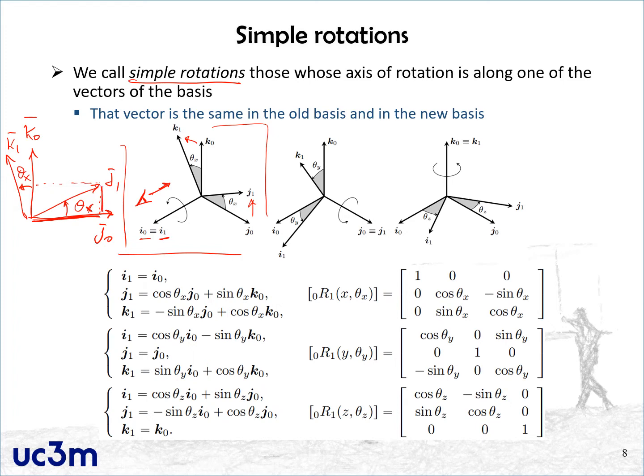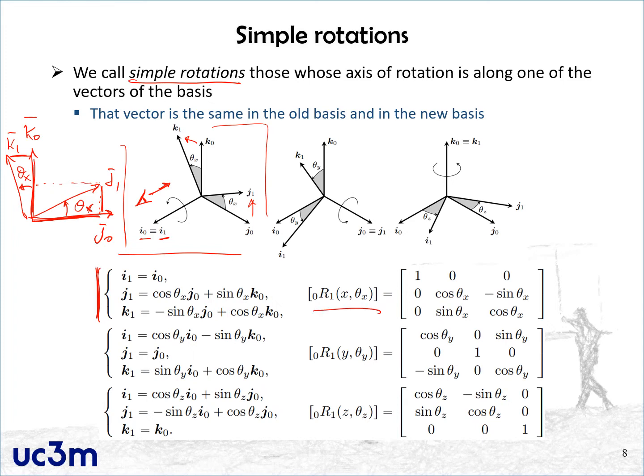And similarly for K0, we have here the sine and here the cosine. So writing down the vector relations is very straightforward if we do this. So these would be the expressions for rotation about the x-axis, and you can see them also in the matrix form on the right.